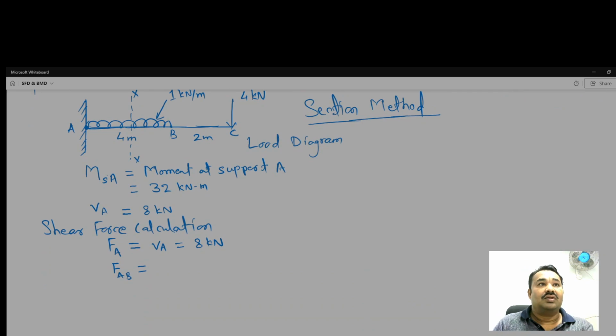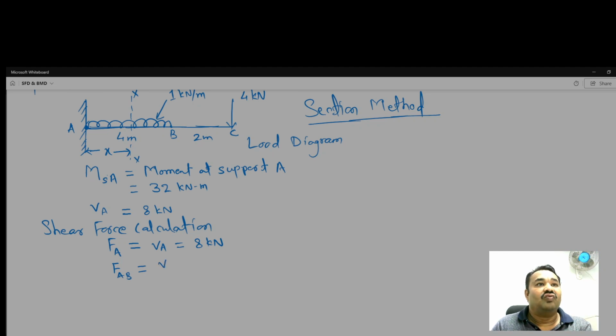Okay, what about in between FAB? So FAB means now we are taking the distance we are measuring from the XX. This is the X. Okay, so what about now?